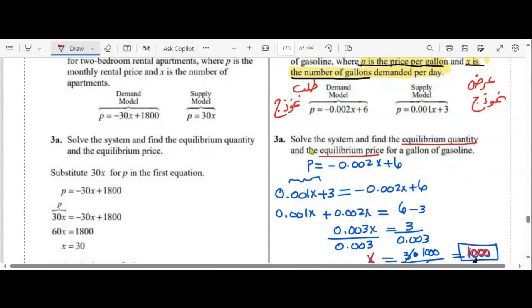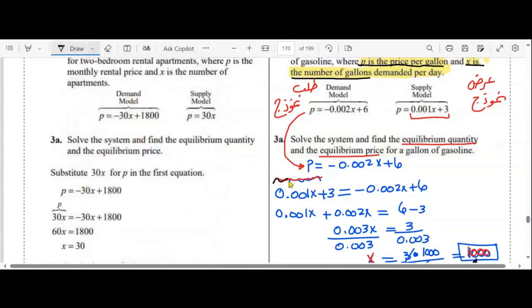So the first equation, we just write it down here. And then replace the value of P, which in this case is what? 0.001X plus 3. Replace it instead of P. So as you can see, I replace this in here. Is that clear?